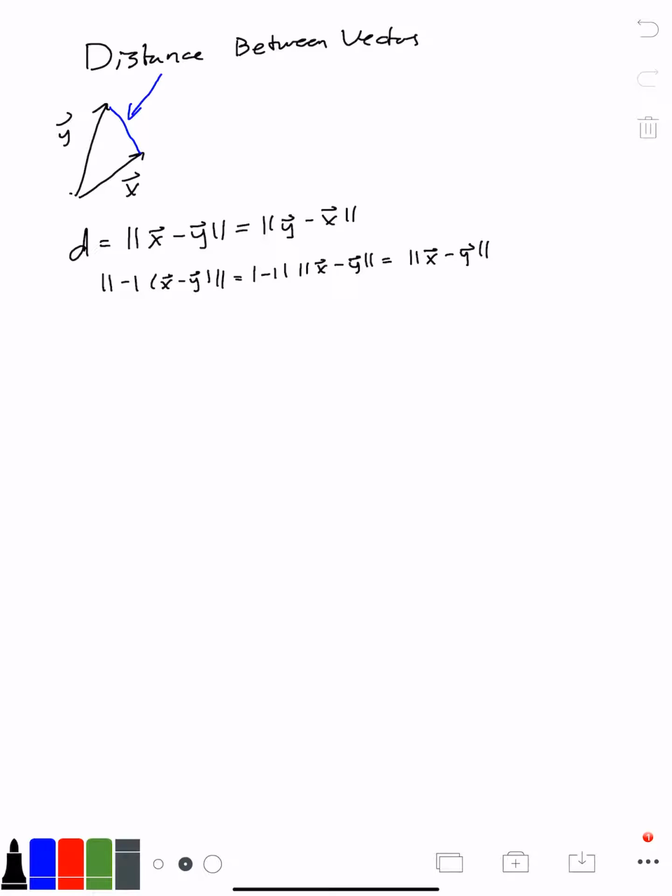So it doesn't matter which order you subtract them in, you will always get the same distance between them, and that can be useful for finding where you are in a given geometrical problem.